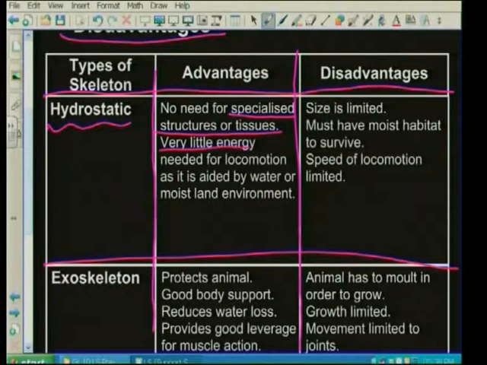Secondly, very little energy is needed for locomotion, because the muscles act on the hydrostatic skeleton, and this brings about movement. And because some of these organisms live in the water, they use the water in the environment or the moisture in the environment to help them to move more easily.